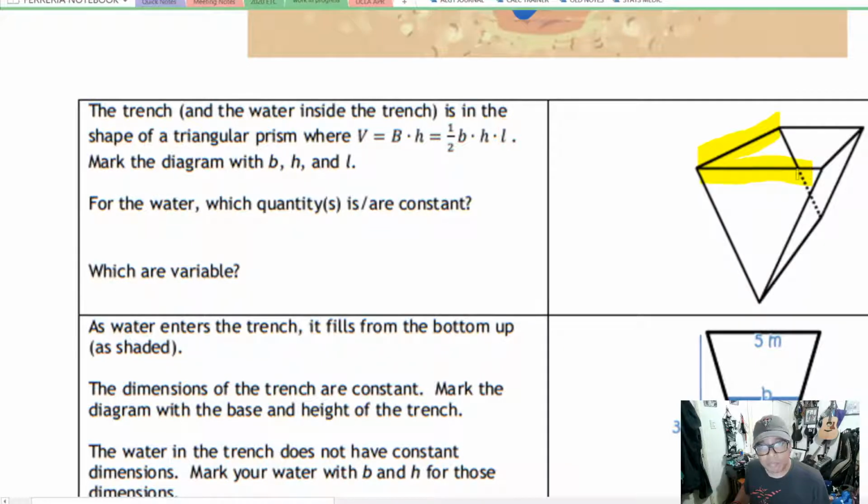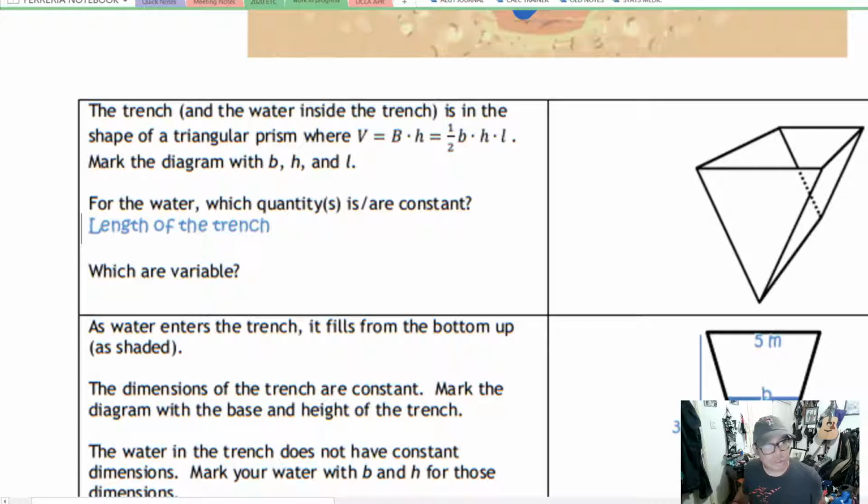Lowercase b, lowercase h. So is there anything here that's constant, either lowercase b, lowercase h, or L? Well, in terms of the water in the trench, L is always going to be 20. The water is always going to go all the way across that length.